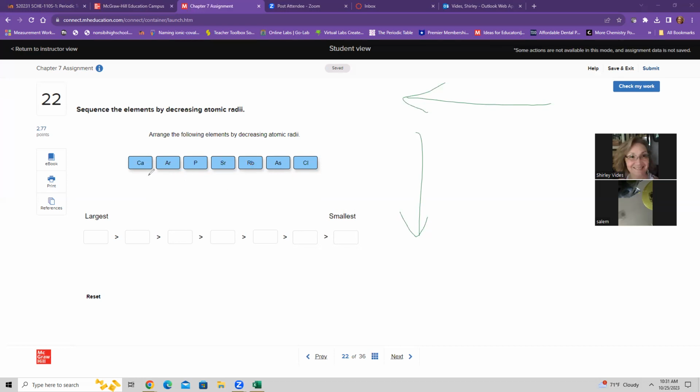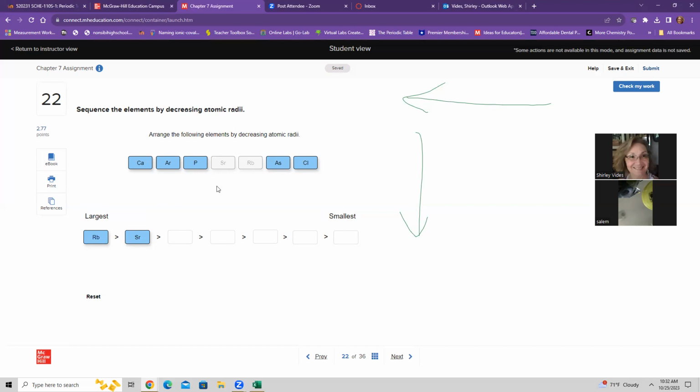No. So rubidium is going to be it. If I find another one, I'll move it, but I believe that's rubidium. And then the next largest after that is this one, right next to it.